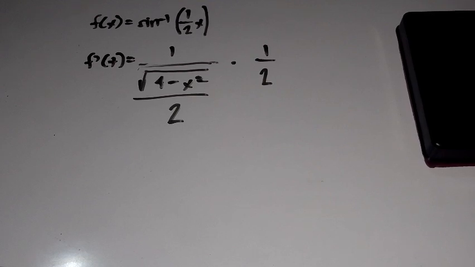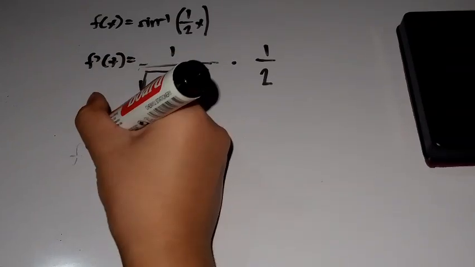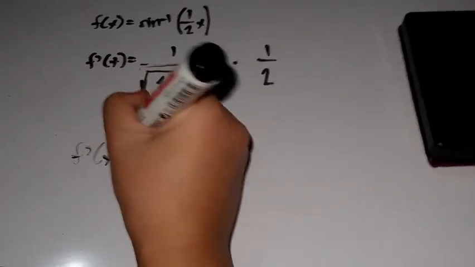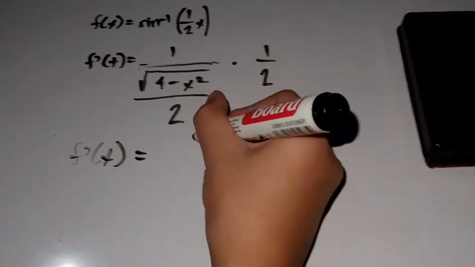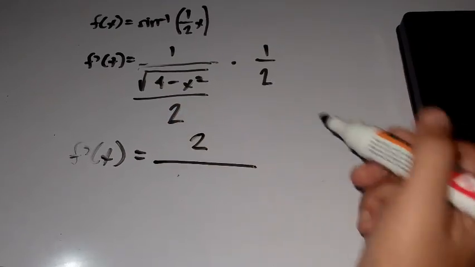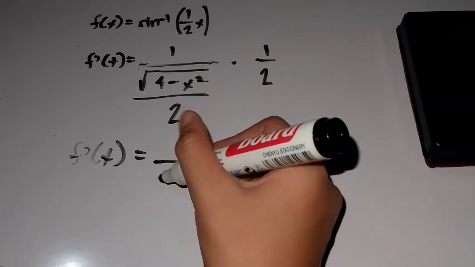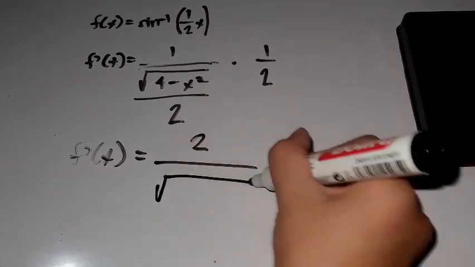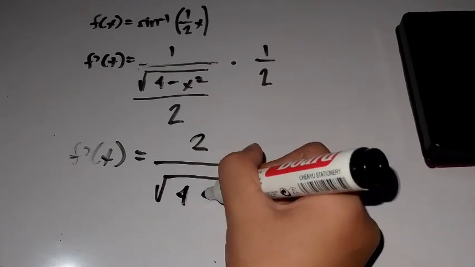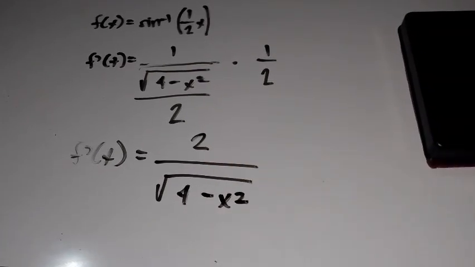Now, let's simplify. Dividing by square root of 4 minus x squared over 2 is the same as multiplying by 2. So we have now f prime of x is equal to 2 over square root of 4 minus x squared.